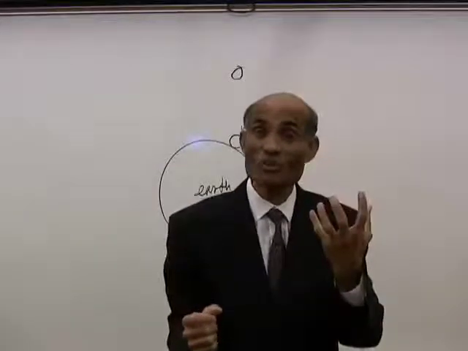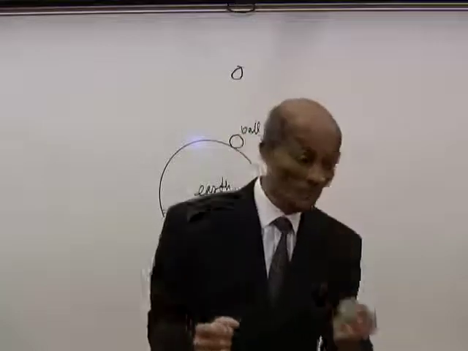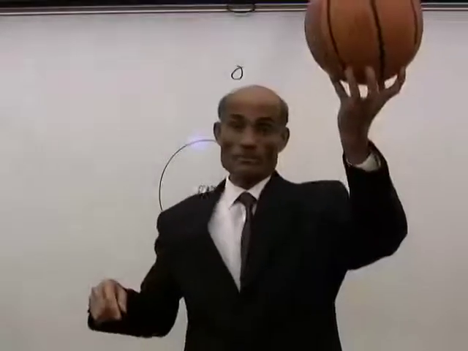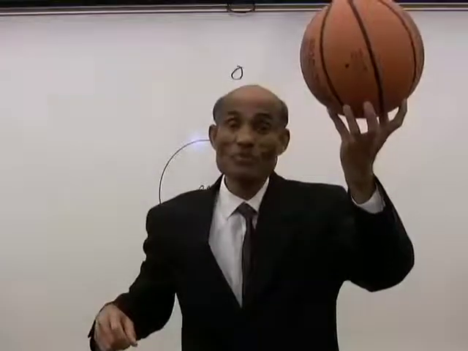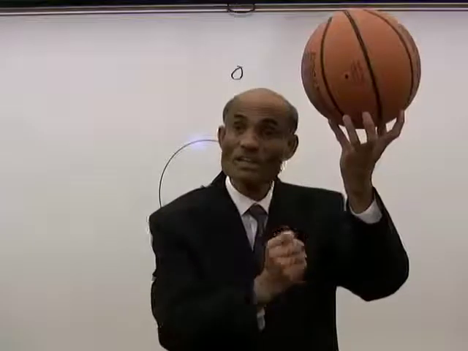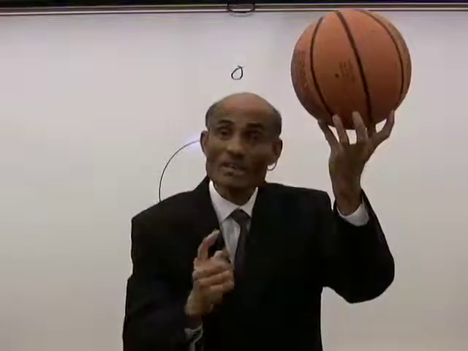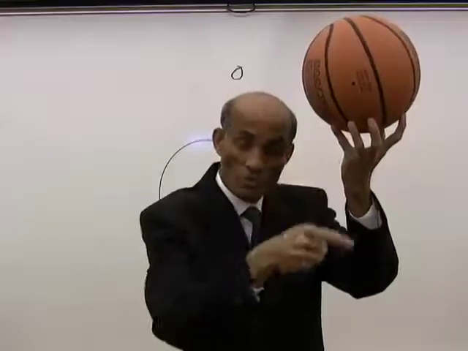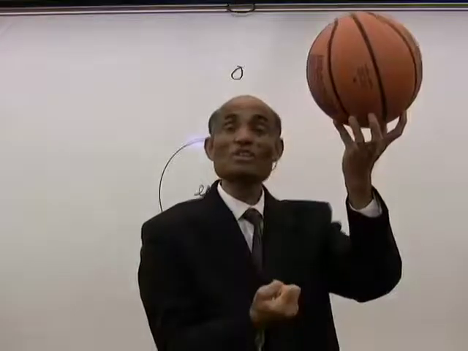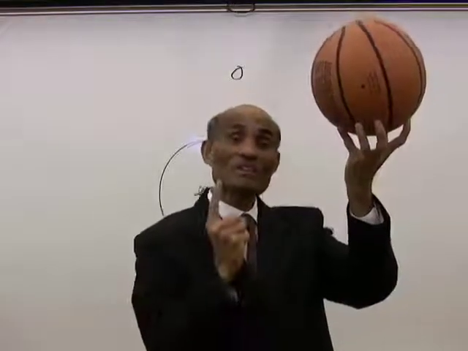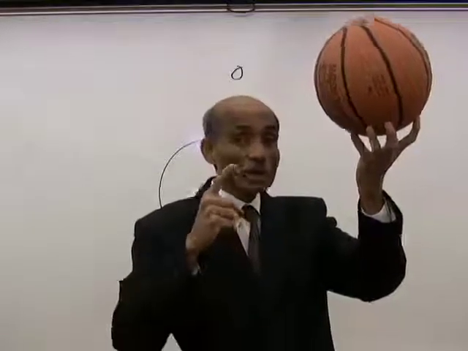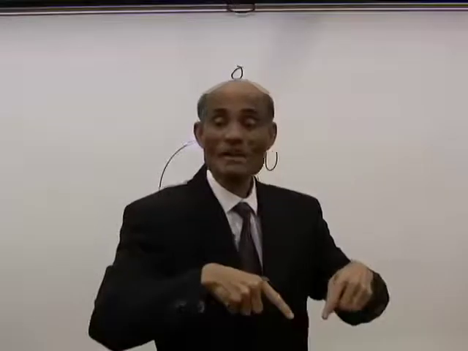The gravitational force is a conservative force. That means if I raise the basketball, the conservative force, which is the earth's gravitational force, does not like it. It wants this ball to be back on the ground so that their potential energy is zero. The tendency of a conservative force is to decrease the potential energy.